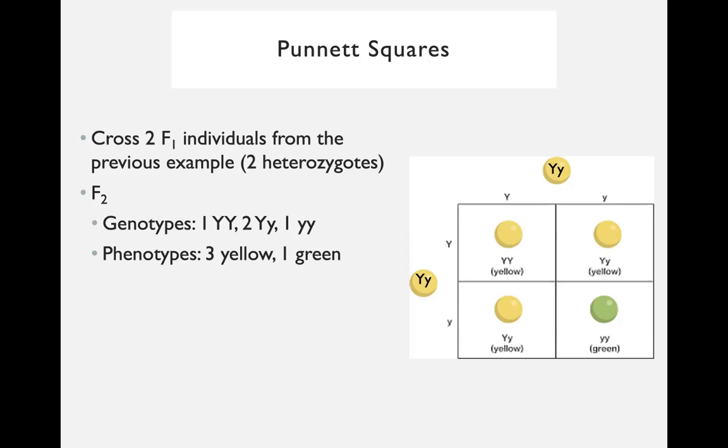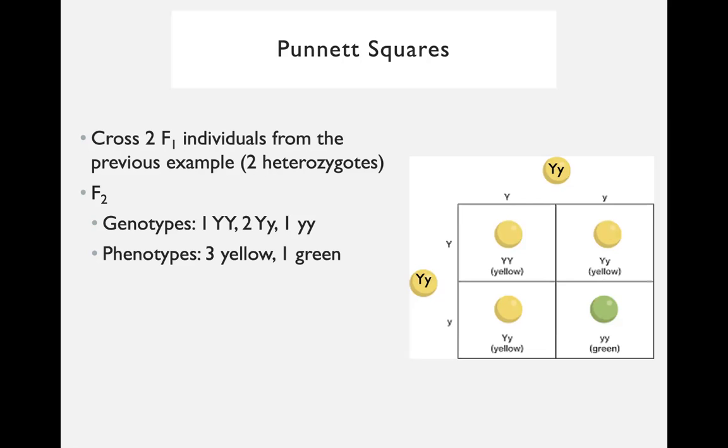Here we get a homozygous dominant, yellow, in the upper left, because those are 2 big Y alleles being donated here. Over here, now we have a little y in the upper right, along with a big Y on the left side. So that's going to be a heterozygote. Big Y, little y.